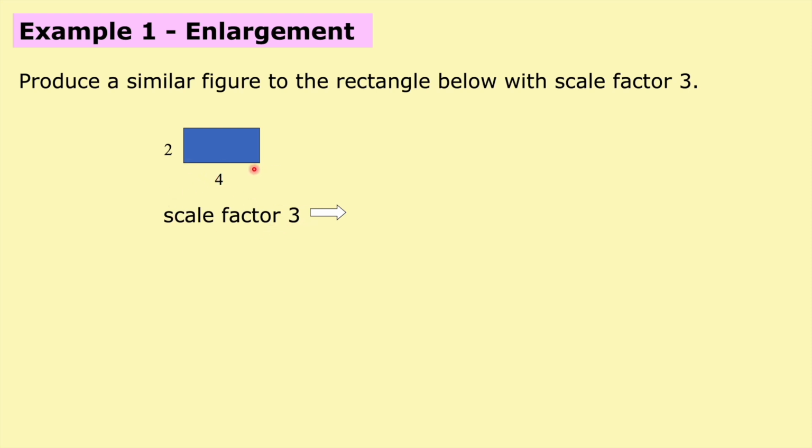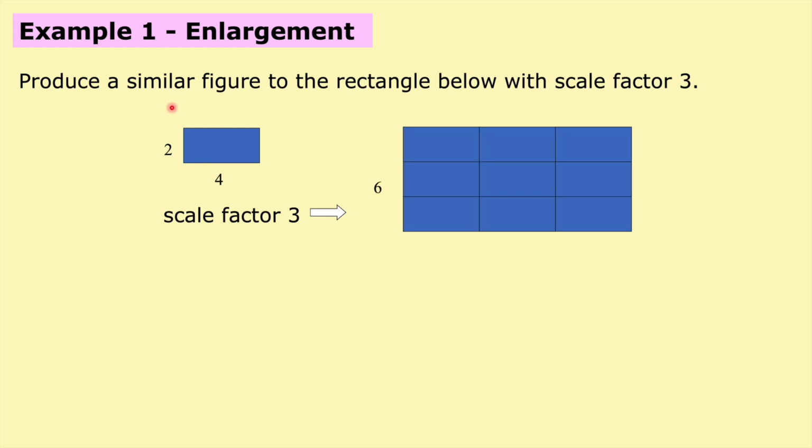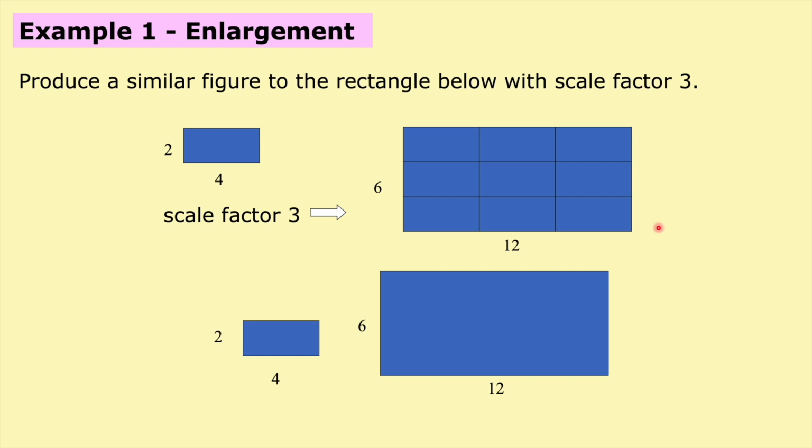So our length is 4, we're going to times that by 3 to get our new length. Our height is 2, we're going to times that also by 3 to get our new length. So on the height we'll get 6 and the base will get 12. And these two shapes are said to be similar. So that was an enlargement.